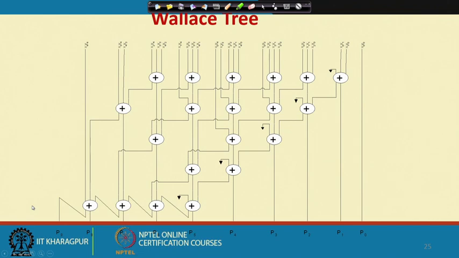Okay. So, this is the tree structure for doing the multiplication operation, and this structure is known as Wallace tree architecture. There is nothing but the array multiplication considering the CSA. Okay.